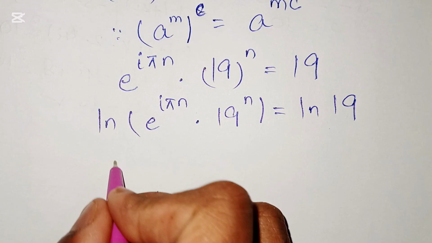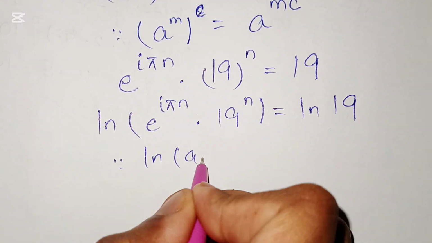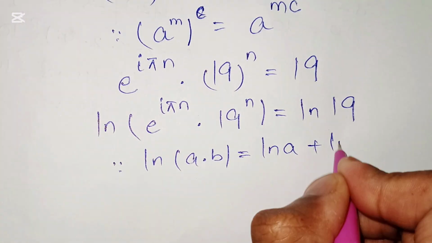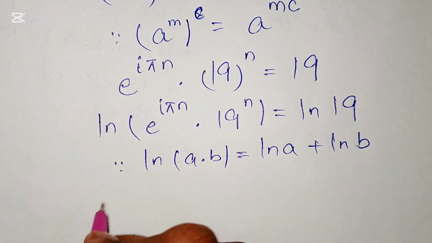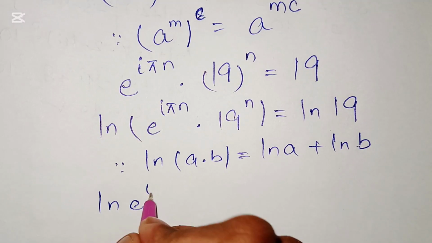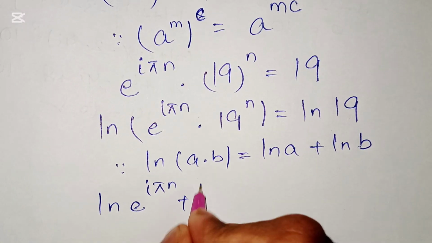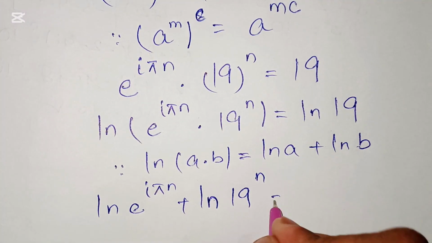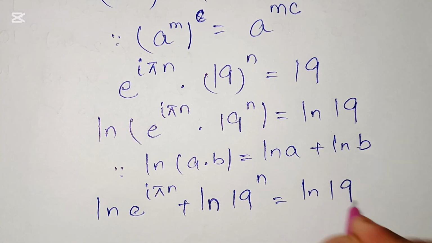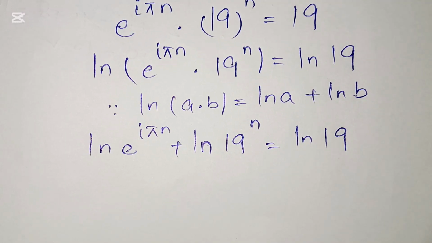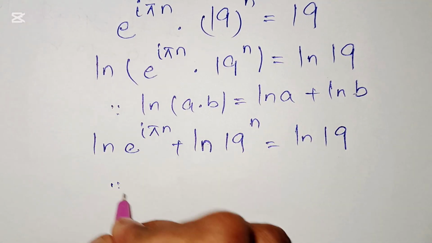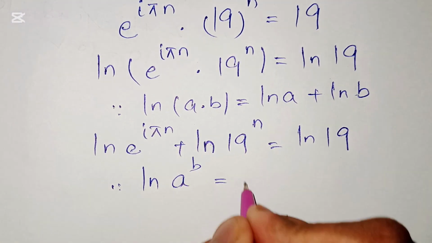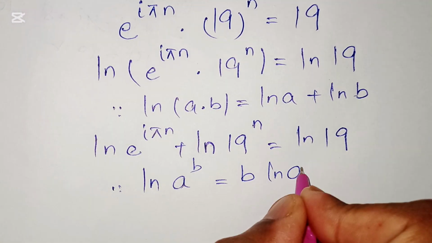We know that ln of a into b is always equals to ln of a plus ln of b. So it becomes ln of e power i pi n plus ln of 19 power n equals to ln of 19. Now we also know that ln of a power b can be written as b times ln of a.